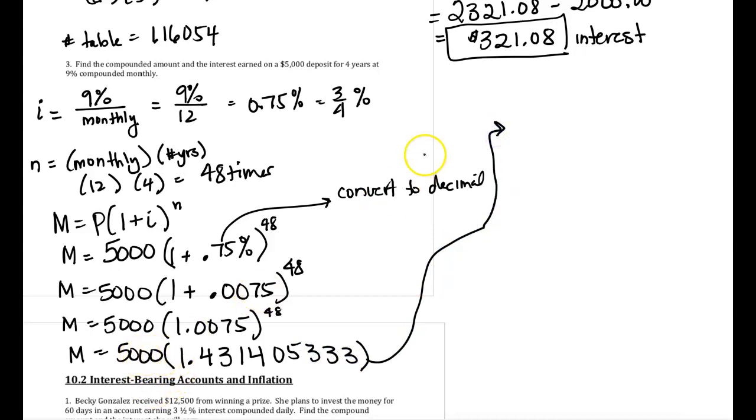Now I'm going to multiply by 5,000, and I get 7,157, and I'm getting to an answer, so I'm going to round here at 3 cents. This is the amount in the account.